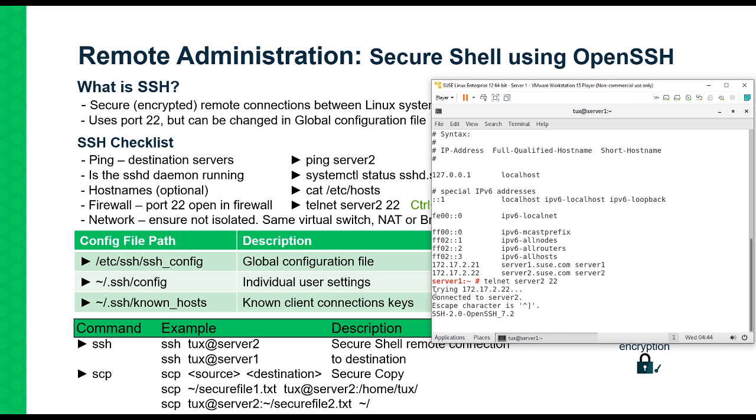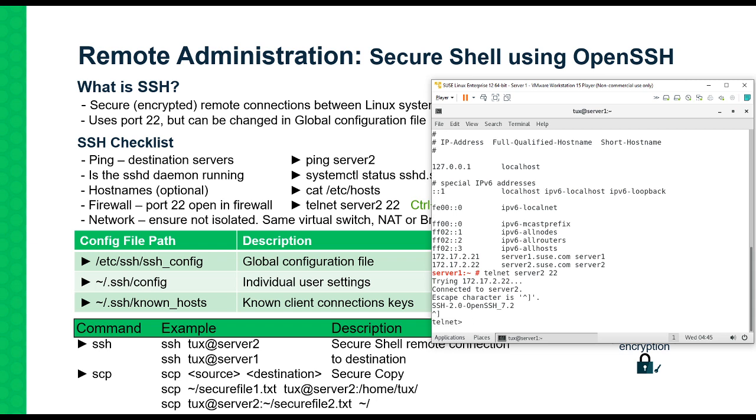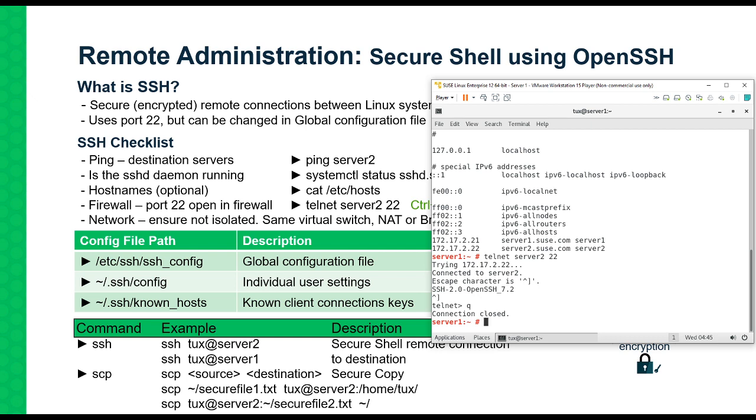The moment it states it's connected, we know it's listening on that port and waiting for our next command. To stop this connection, we press Control and the closing square bracket, and then we can exit telnet by pressing Q to quit. It will close the telnet connection for us.